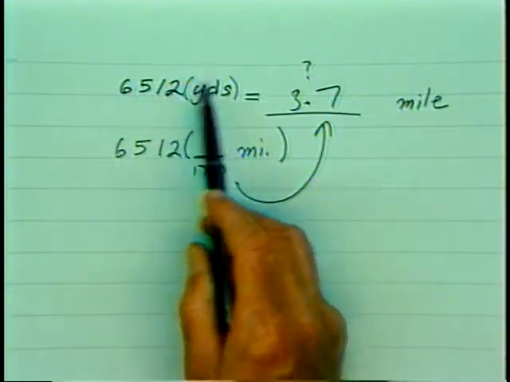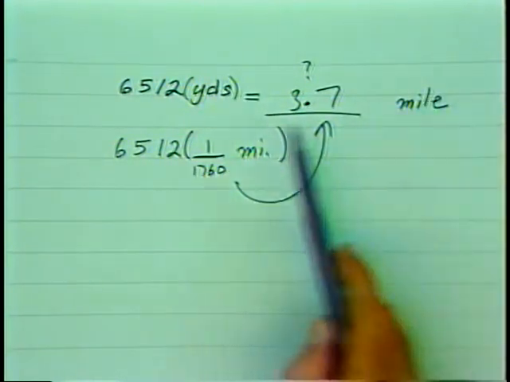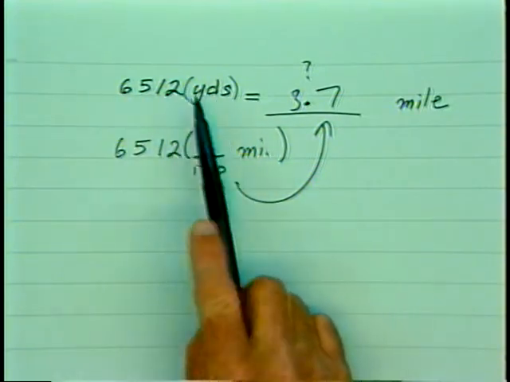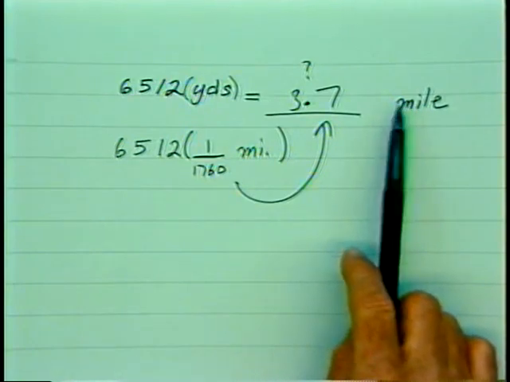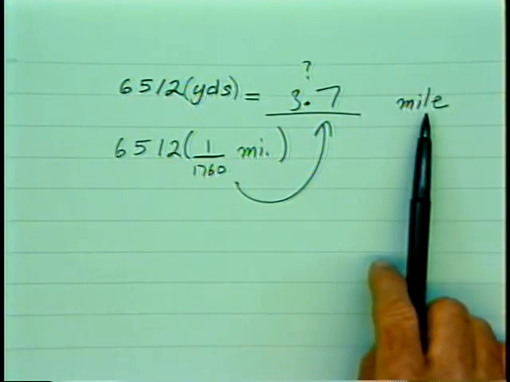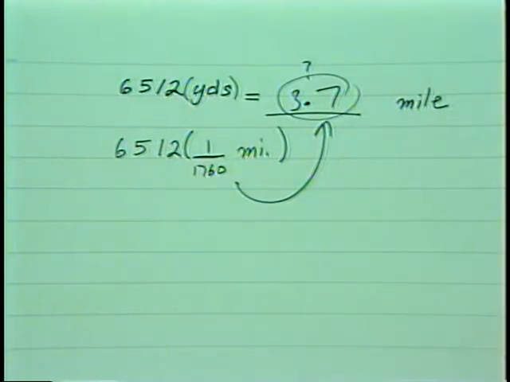So we know that this many yards is 3.7 miles. So if we have too many of a unit, again, watch your literature. You'll find invariably I'll go to a longer or a larger unit of measure to keep its number part as small as possible.